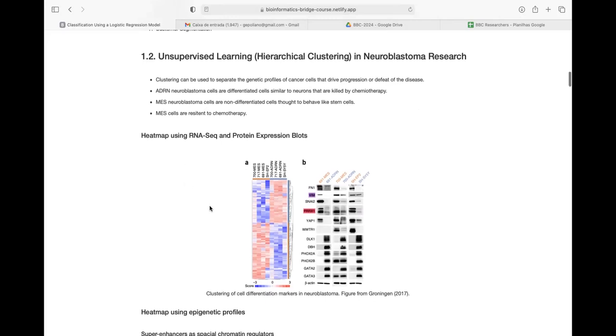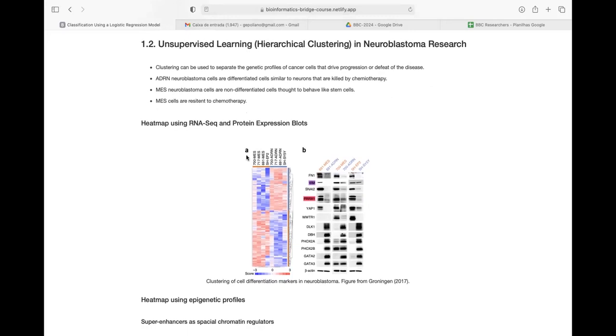So the technique that people use to differentiate these types of cells, well, first of all, we always do protein expression blots, right? These blots measure the expression of a protein.